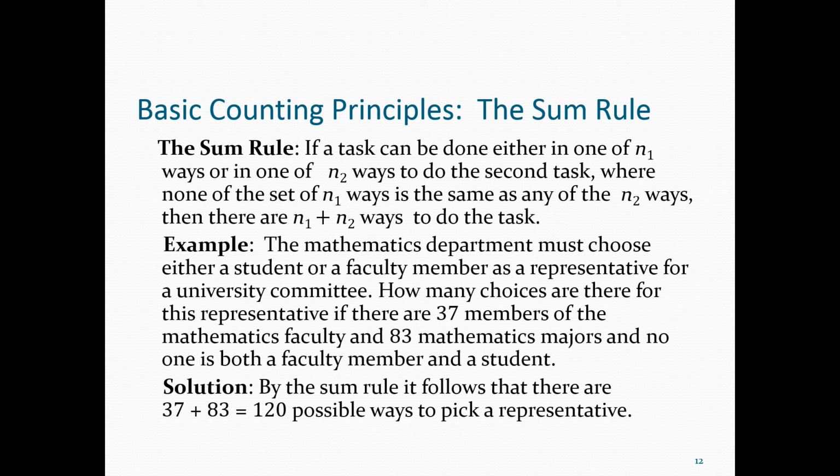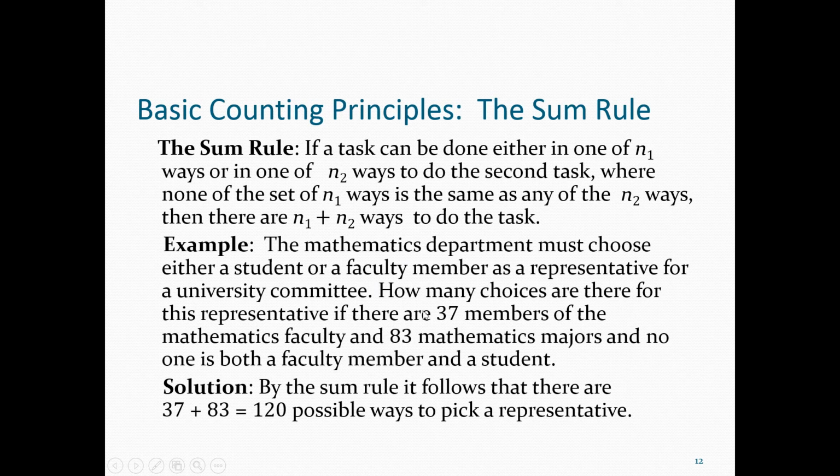Next is the sum rule. If a task can be done either in one of n1 ways or in one of n2 ways, then the task can be done in n1 plus n2 ways. For example, the mathematics department must choose either a student or a faculty member as a representative of a university committee.